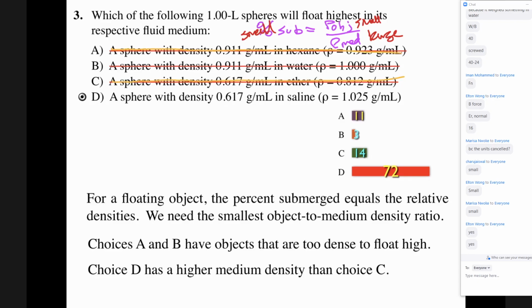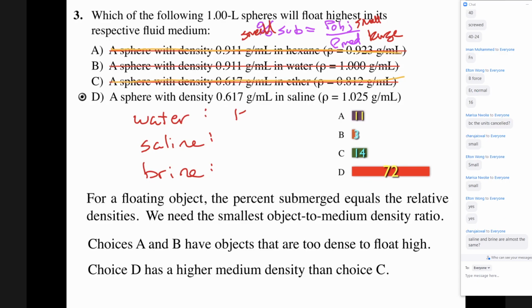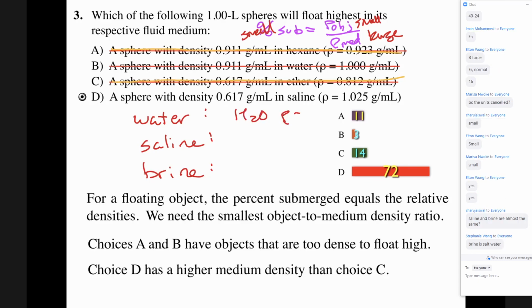Weird question, but what do these words mean? They actually have expected people to know these. Water, H2O, density equals 1.00. What exactly is saline and what is brine?